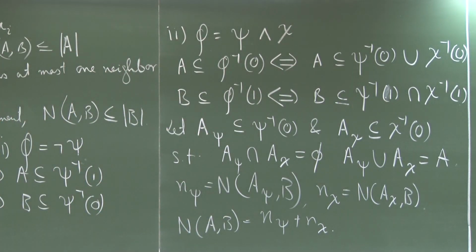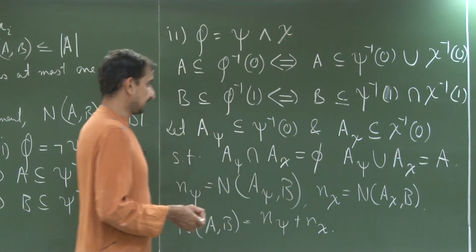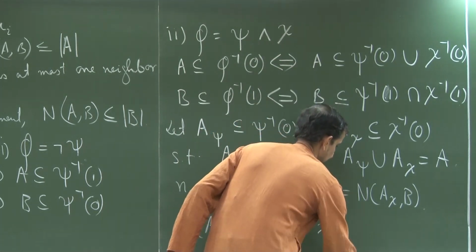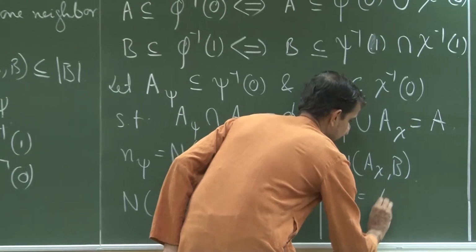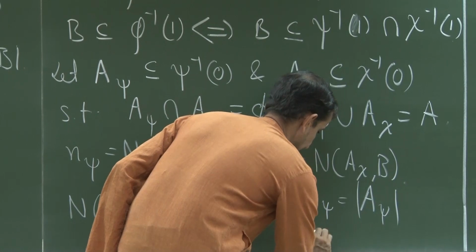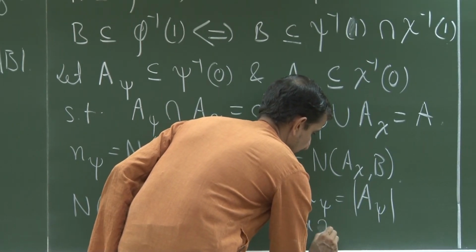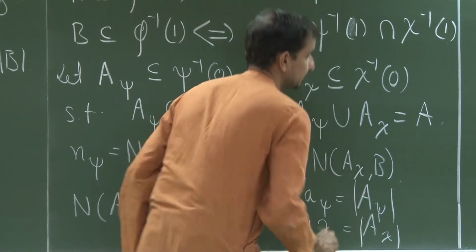So, I had a notation, I think. So that it becomes a little simpler, let me keep one more notation over here. Let small a_psi be size of this set, and small a_chi be size of this.